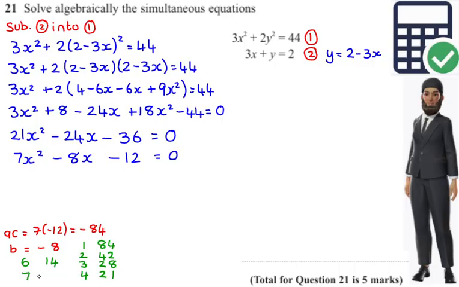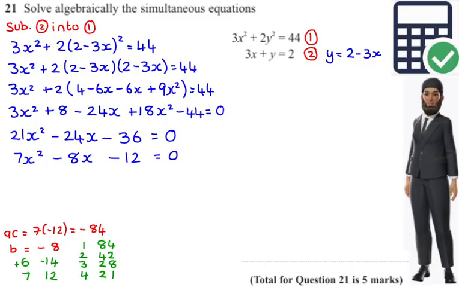Or it could be 7 and 12. Well, it definitely looks as if it's going to be this pair over here. So that would be minus 14, because it needs to combine to give us minus 8. Minus 14 plus 6 is minus 8, and if I times them together it will give me minus 84.